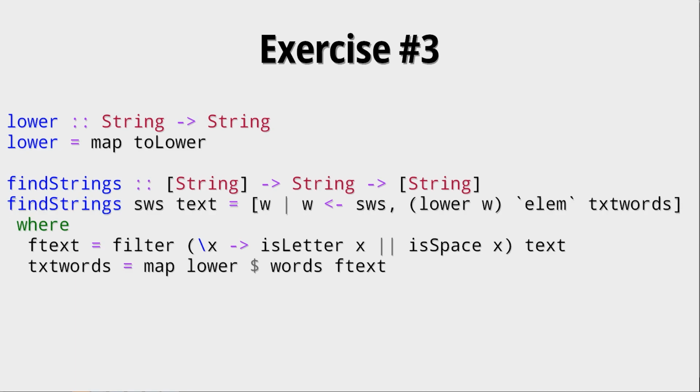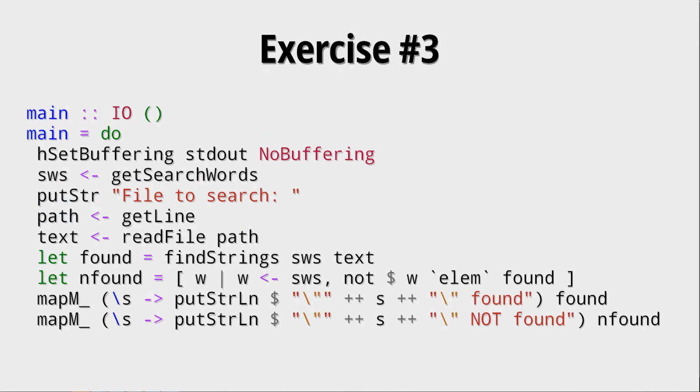You can do it however you like. But in this case, we have the filtered text that we can now pass to words. And then again, we lowercase all the words from this filtered text, and then we can do the actual checking of our search words. Okay, so now we can go back to the whole thing, and now hopefully we understand what this program is doing.